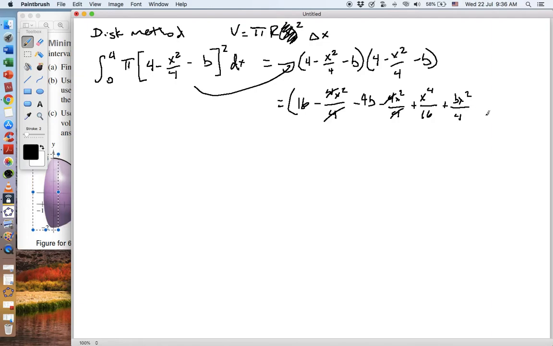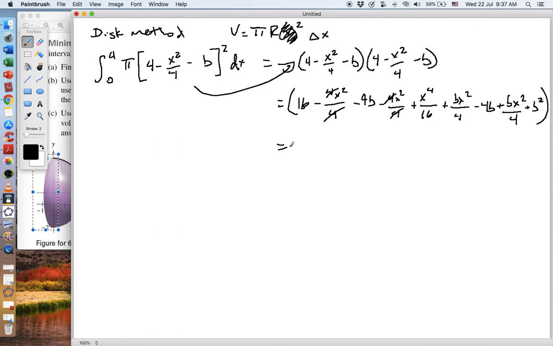And then moving on to the third term here, we get again 4b minus 4b plus 4, plus bx squared over 4, and then finally plus b squared.